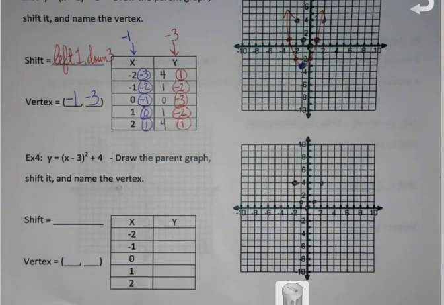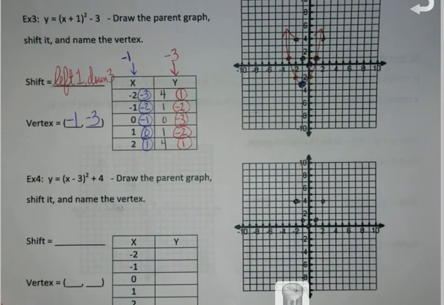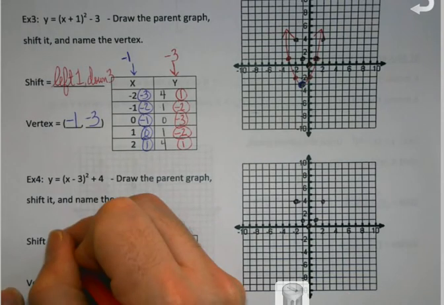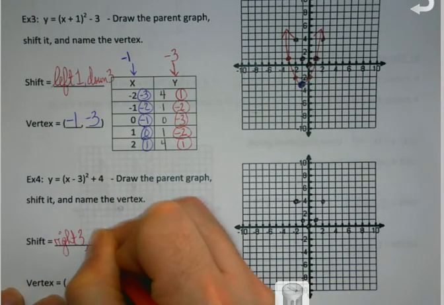What are my shifts this time? What's that -3 in the parentheses stand for? So we might even be able to use example 3 to help us, because it looks like it's basically the opposite of what we're doing in example 3. Right 3. And up 4.